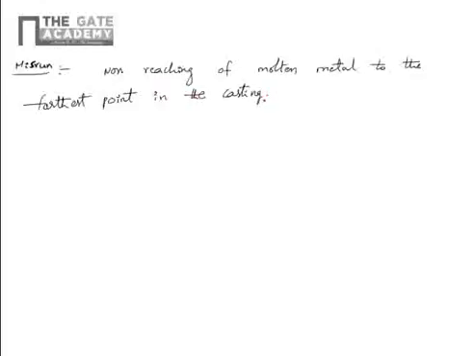It is called a misrun. It happens because of the complex structure of the casting, where the metal won't flow, and due to lack of directional solidification.